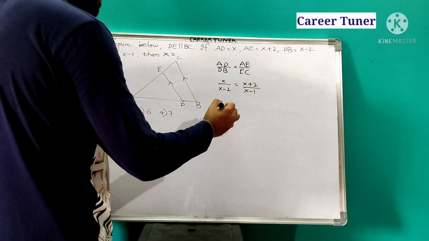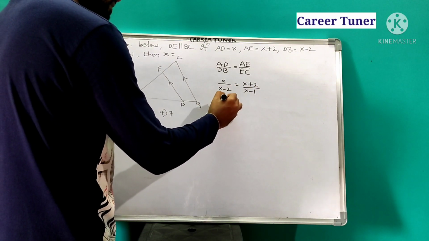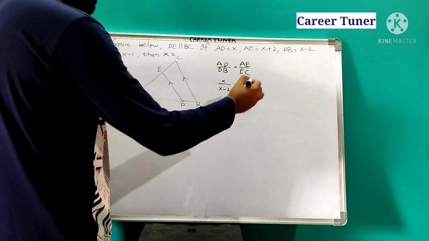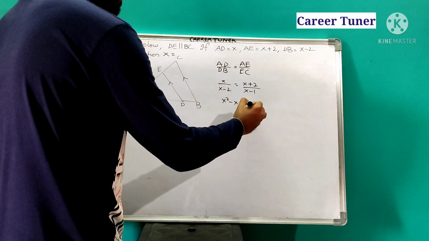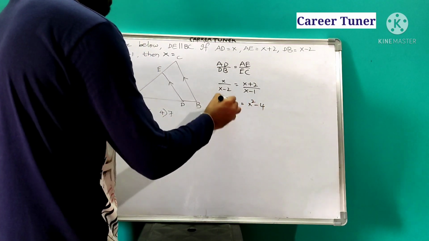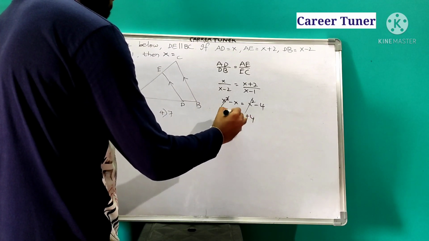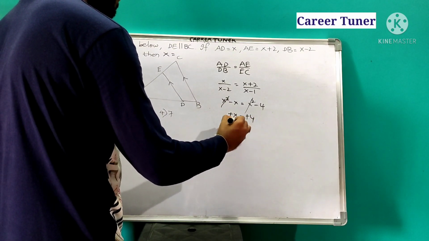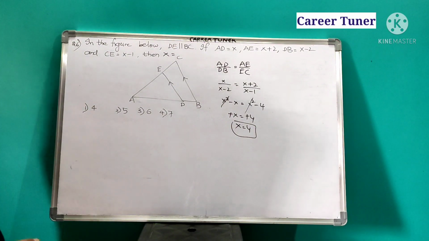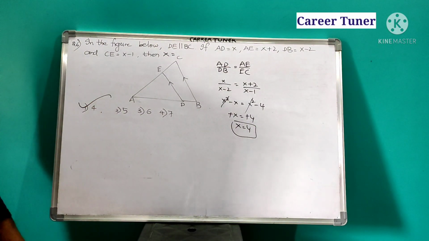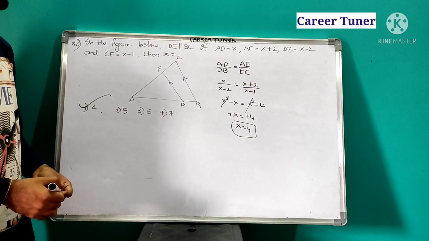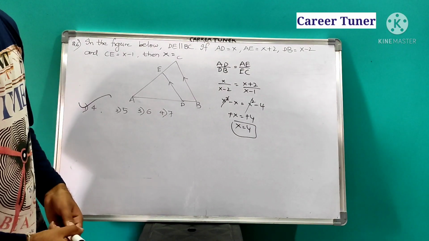So x into x minus 1 becomes x square minus x, which is equal to x plus 2 into x minus 2. So x square minus 4. x square gets cancelled. Minus x is equal to minus 4. Minus minus cancel, x is equal to 4. So what is the x value? 4. So with this we have completed all the problems related to similar triangles.